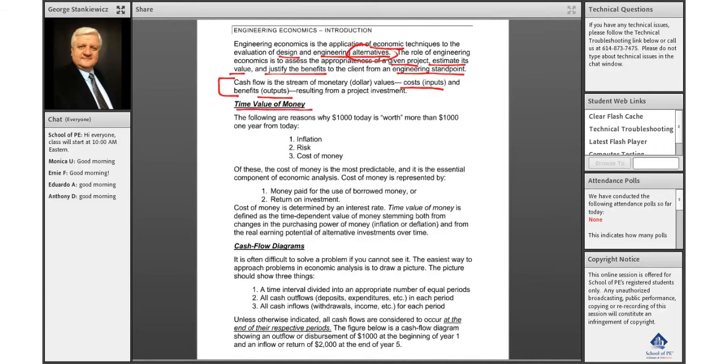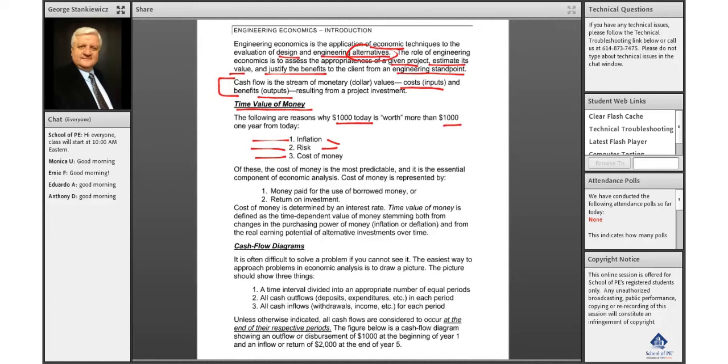One of the most important concepts to understand in engineering economics is the time value of money. The following are reasons why $1,000 today is worth more than $1,000 one year from now. Those reasons are inflation, risk, and the cost of money.